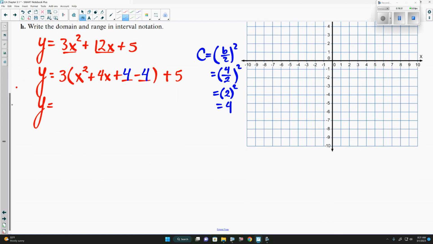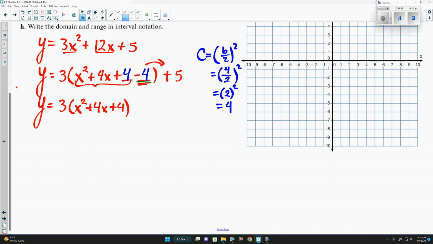Now before we start factoring, because x squared plus 4x plus 4 does factor to a nice perfect square trinomial, we just have this negative 4 left in there. However, we can't just tell it to move out and be fine.